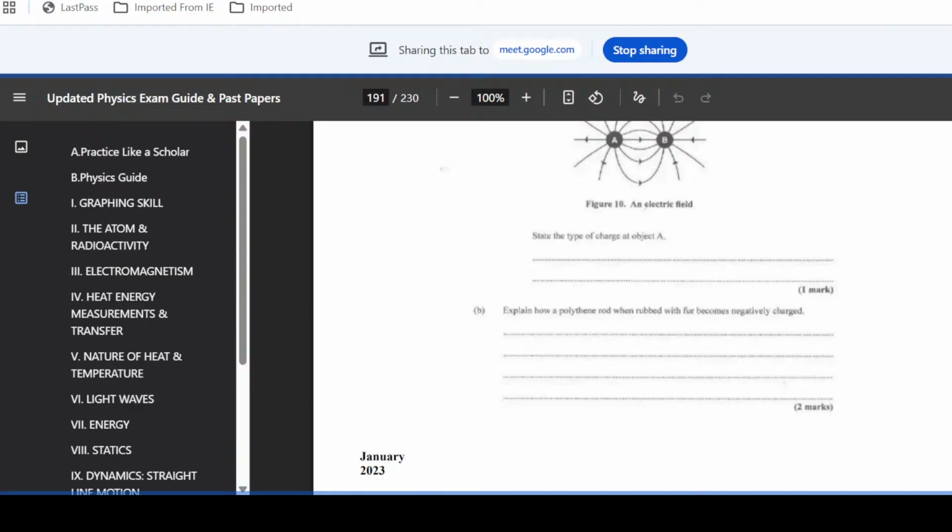Alright, we can do this one quickly as well. We talked about electric field, so now if we look back at that one. Figure 8 shows a positively charged sphere which is attached to an insulated stand. Draw arrows to indicate the pattern and direction of the electric field in the region surrounding the sphere.